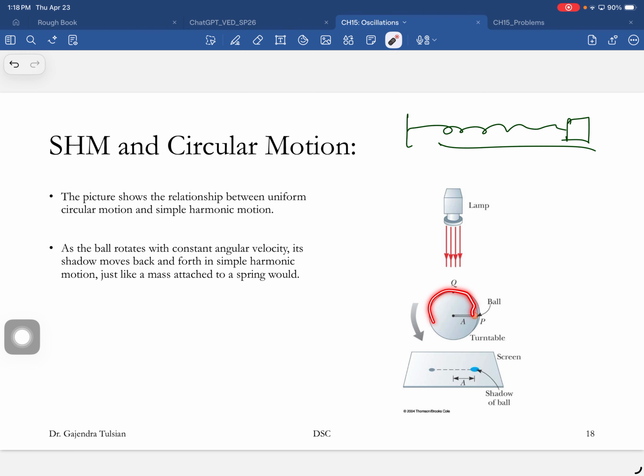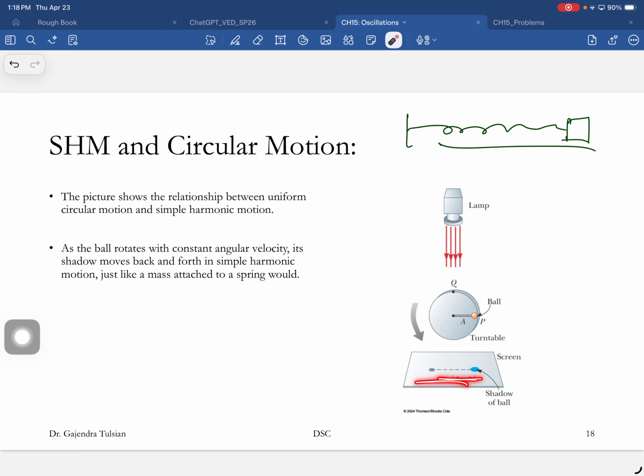Uniform circular motion is this simple harmonic motion plus this simple harmonic motion. You can project that motion on this wall. So uniform circular motion is the sum of two simple harmonic motions.